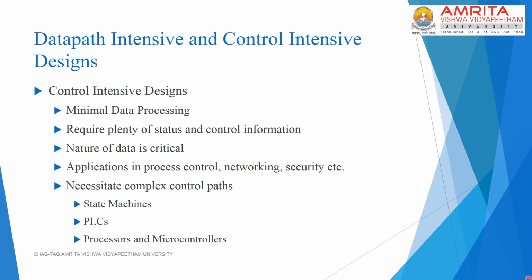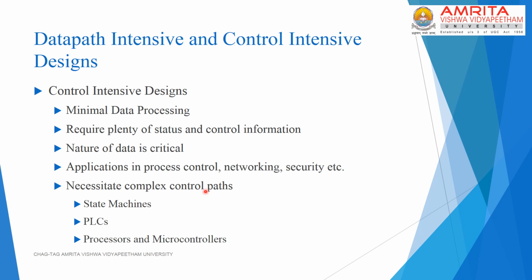As a result, all these systems have plenty of registers which store status and control information. And since the functioning of the system depends on the monitoring of the nature of data and initiating control actions based on the status of the data, the control path also is correspondingly complex.